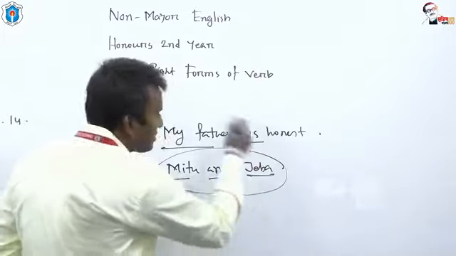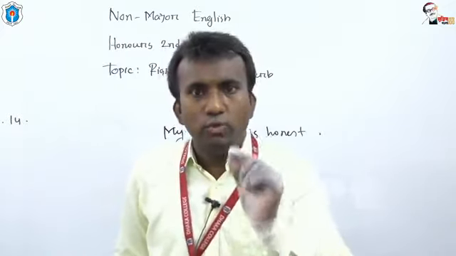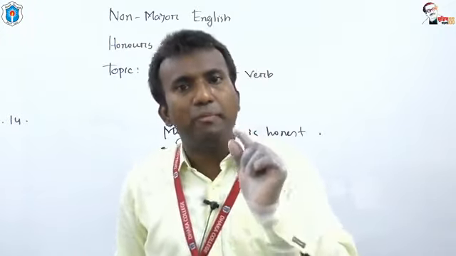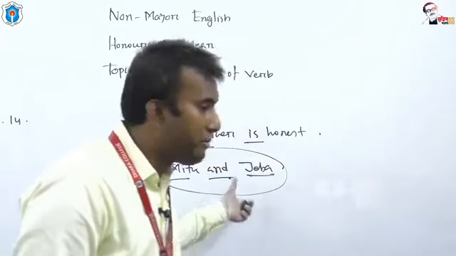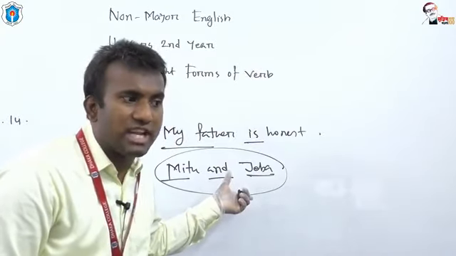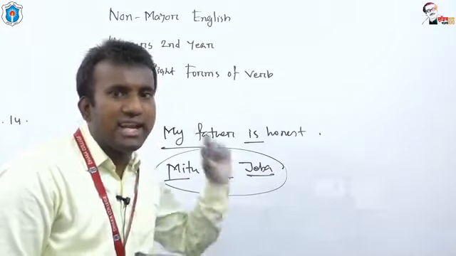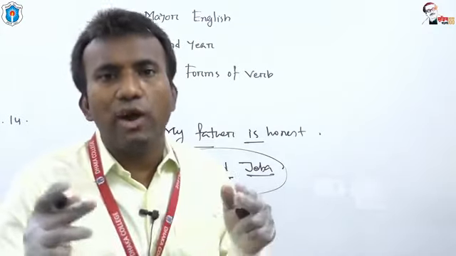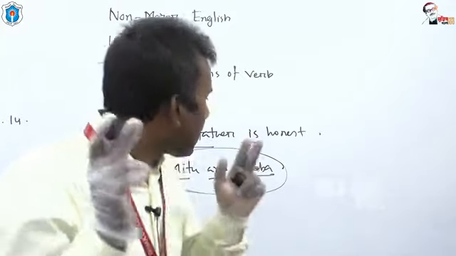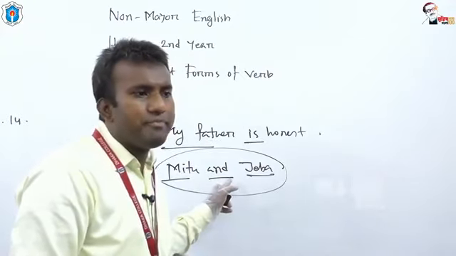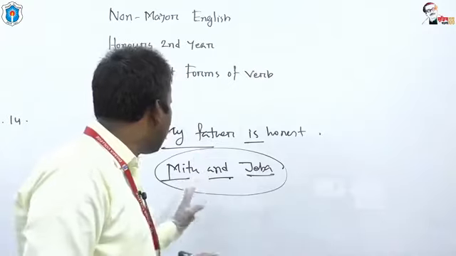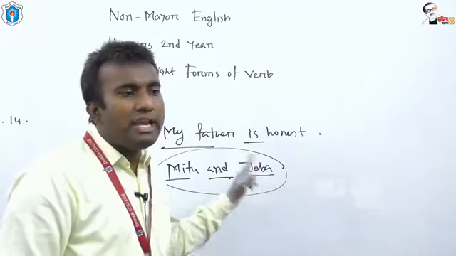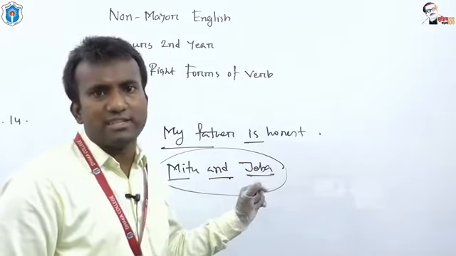This Mitu and Jeba, I have created a compound subject. A compound subject is created by adding two nouns connected with the help of and. So I can say Mitu and Jeba is a compound subject.